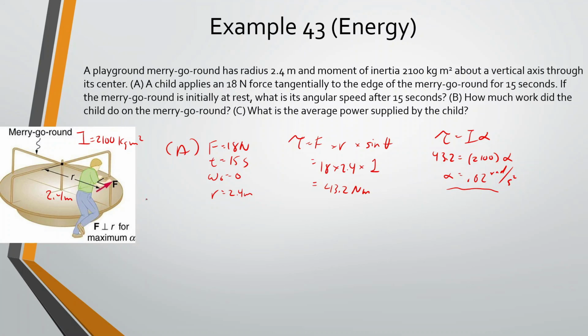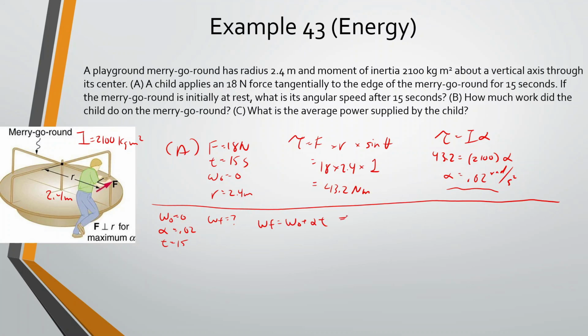So what we're going to do now is see what we know with kinematics. Omega initial is equal to 0. Alpha is equal to 0.02. Time is equal to 15. And we're looking for omega final. Omega final is equal to omega initial plus alpha t.